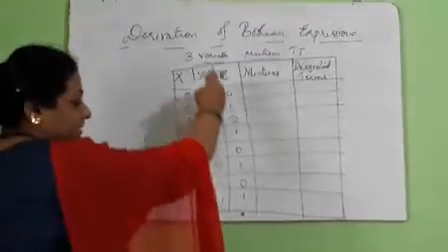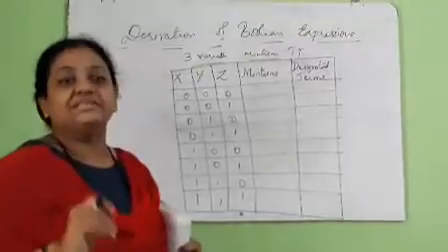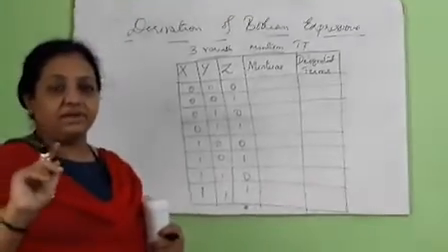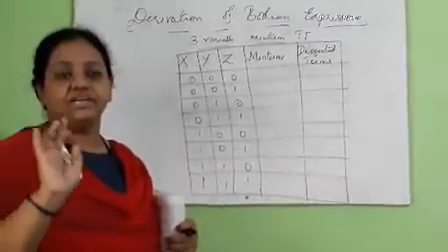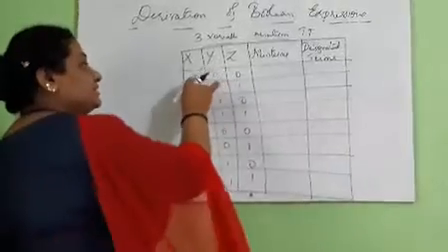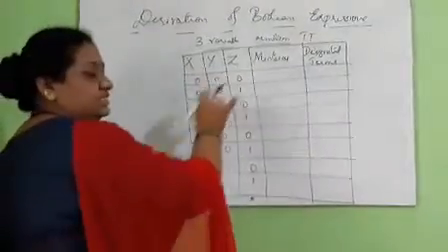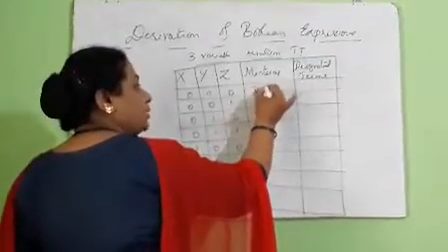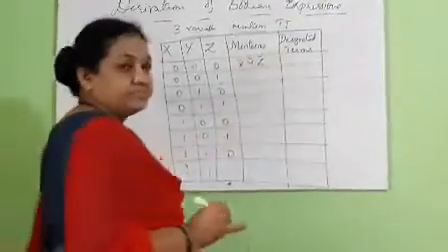Now, as we have taken the input values, let's write the minterm expressions for the same. Where the value is 0, write the bar, and where it is 1, write the variable. So x 0, y 0, z 0 will be x bar, y bar, z bar.